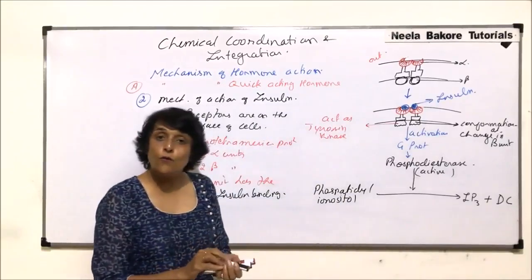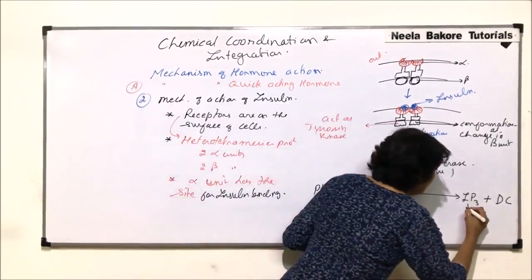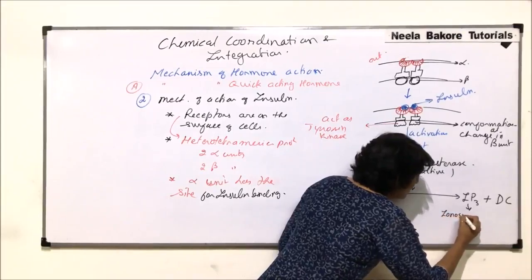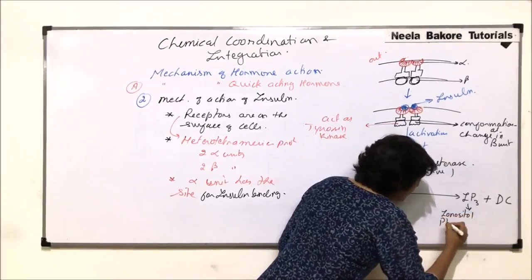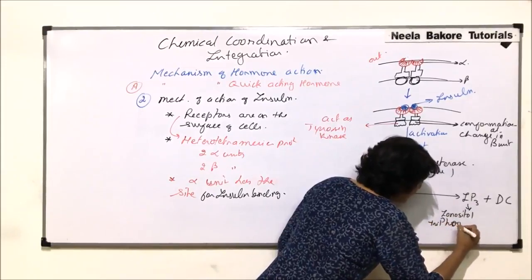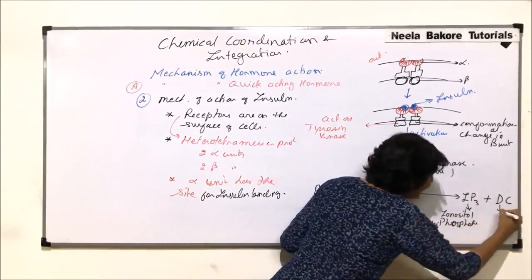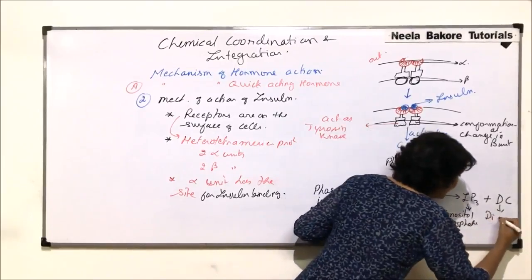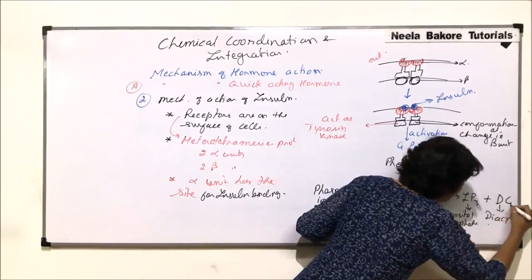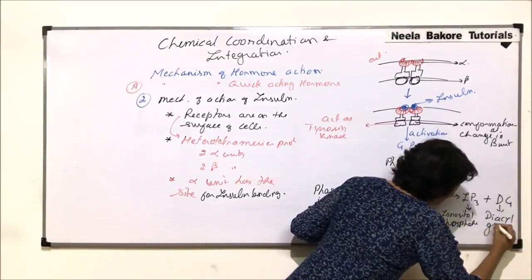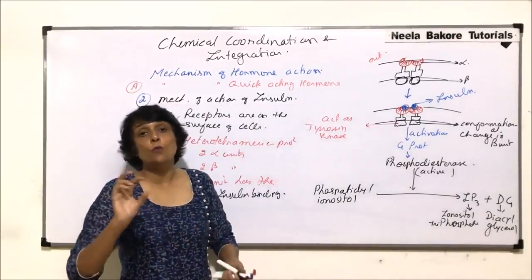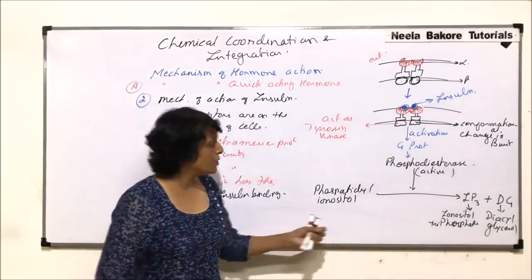Let us write down the full form of these two. This is inositol triphosphate, and DG stands for diacylglycerol. So these are the two molecules which are produced.